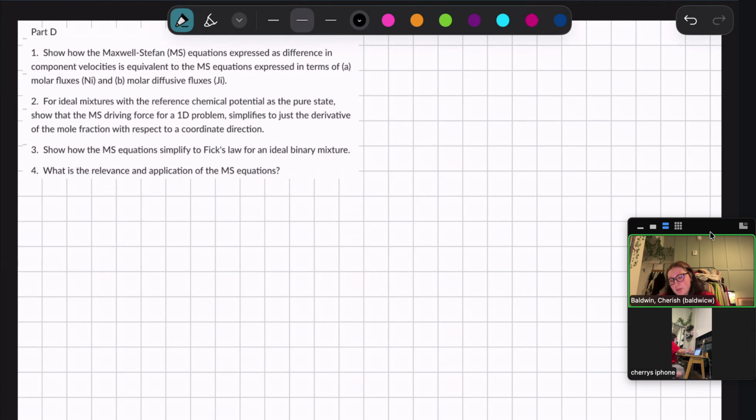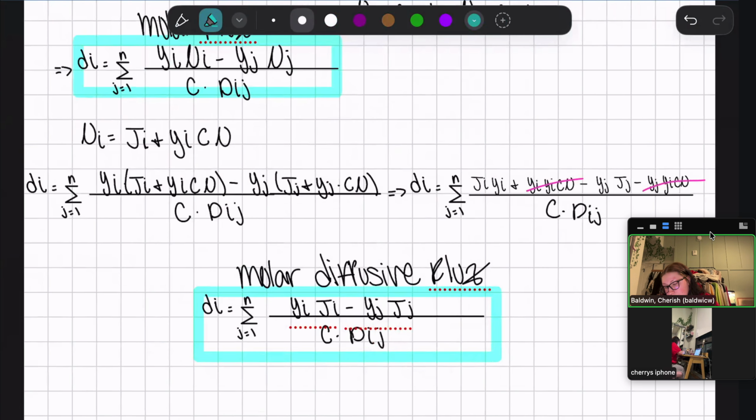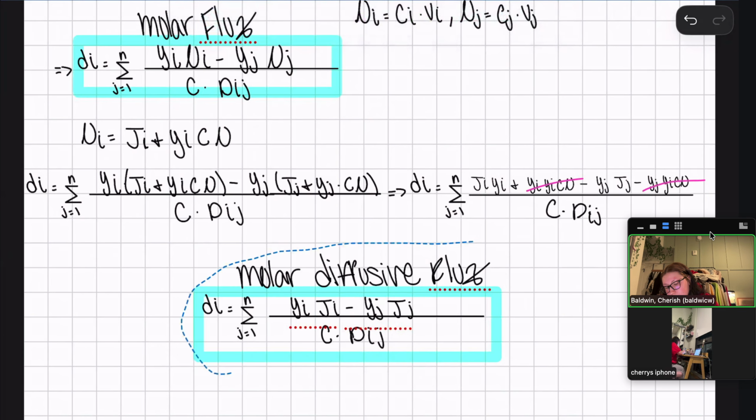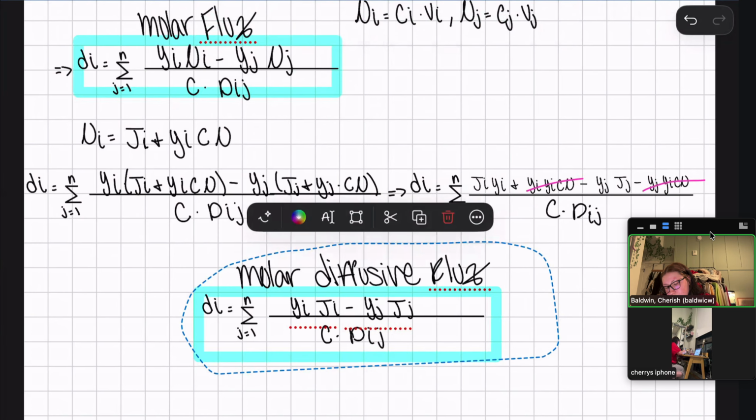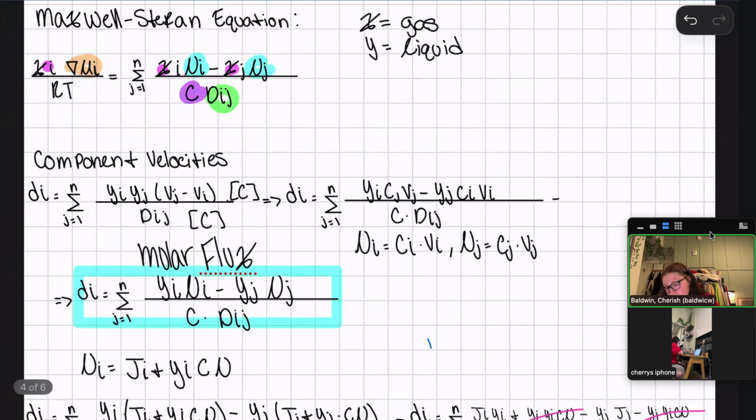Now for this part, I'm going to show how Maxwell-Stefan equations can simplify to Fick's law for an ideal binary mixture. So we are going to take the molar diffusive flux equation.